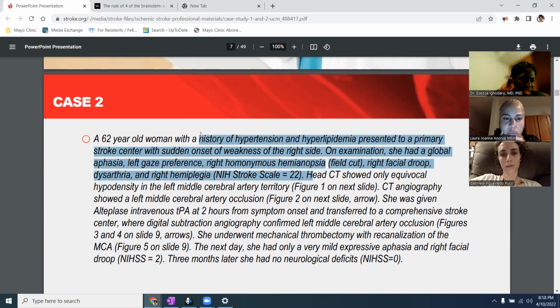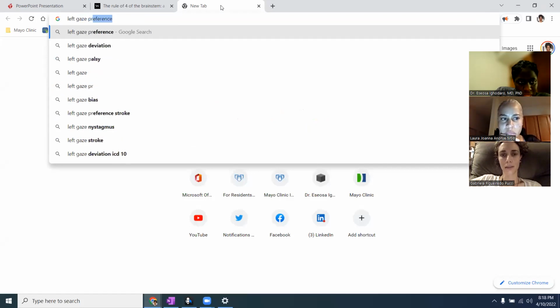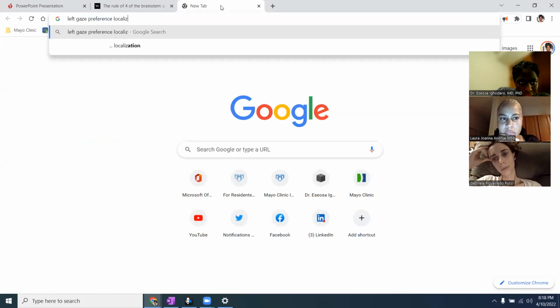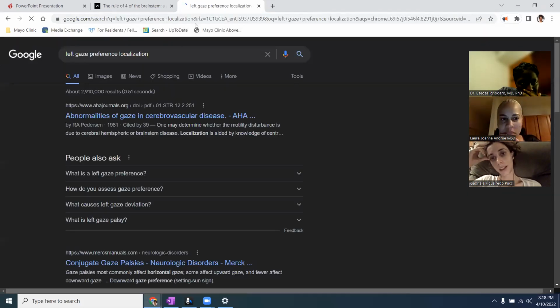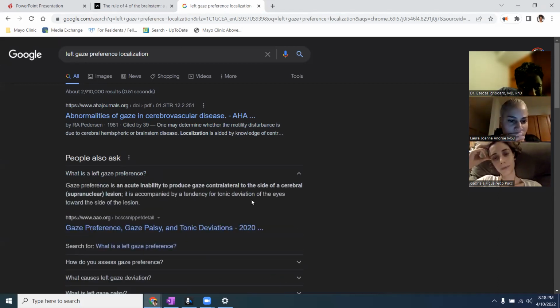Yeah, so I don't know how to explain the left gaze. I thought it was going to localize to the frontal eye field. But her stroke is in the left because of the other symptoms, right? Supranuclear lesion.